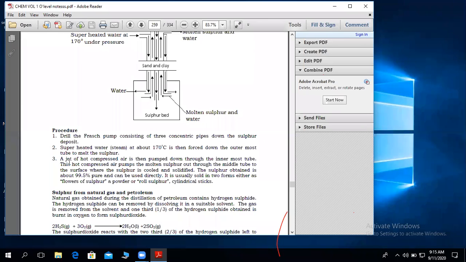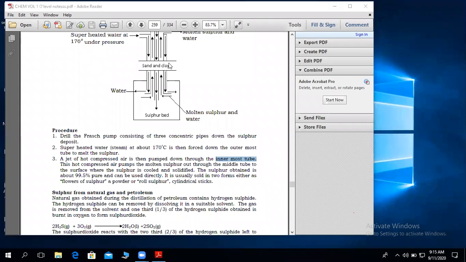Then what else goes in? Hot compressed air is pumped down, but it goes in the innermost tube, or the innermost pipe. And what happens after that?